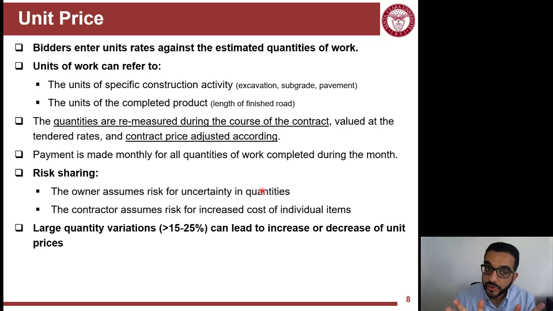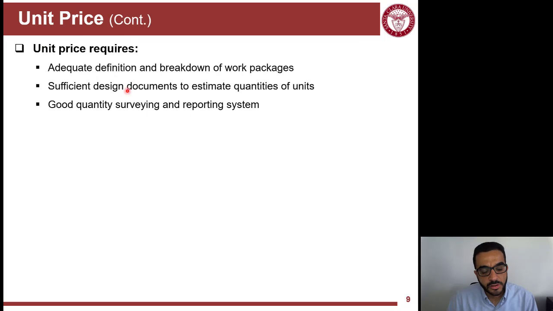I want you also to think, why would this be, what would be the reason for that? Why would a significant change in quantities justify changing unit prices? Think about it, maybe search Google for possible reasons, and then we'll discuss that in class.